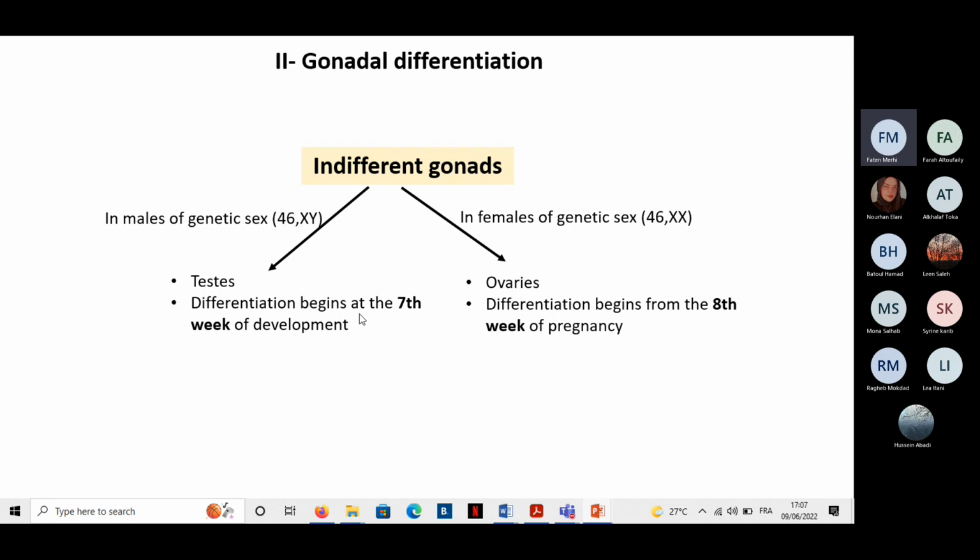Okay, in the male it will start from the 7th week, and in the females, this differentiation into ovaries will start from the 8th week. So what makes those gonads differentiate into either testes or ovaries?